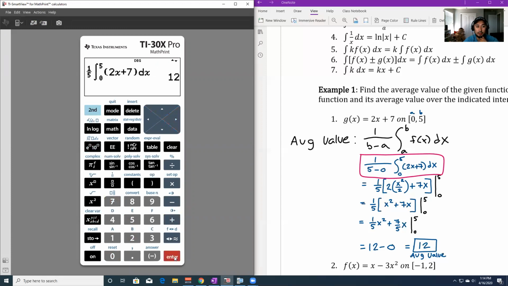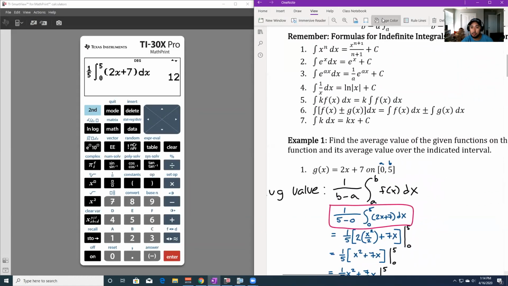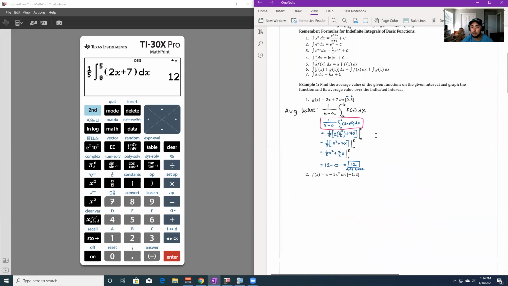And hit enter. 12. It's just magical, and you're welcome. Okay, so 12 is our average value. Now our goal is to graph the function and its average value over the indicated interval.